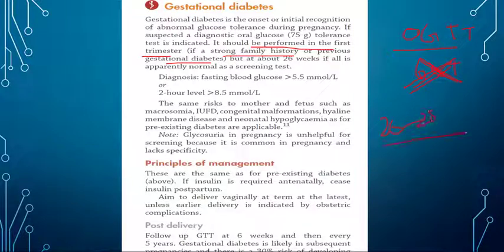That's for everyone. But the high risk patient should have their diabetes assessment in the first trimester. Whenever you are doing the first antenatal blood test, you also have to do their blood sugar level. Diagnosis: if fasting blood sugar is more than 5.5 or 2 hour more than 8.5.